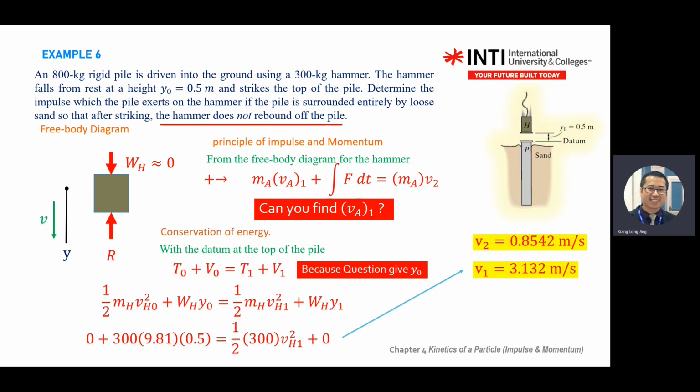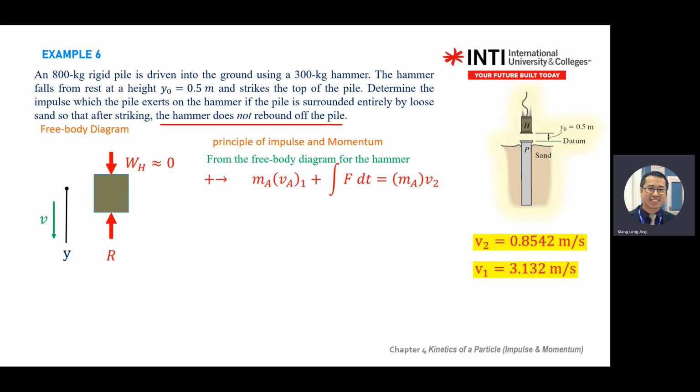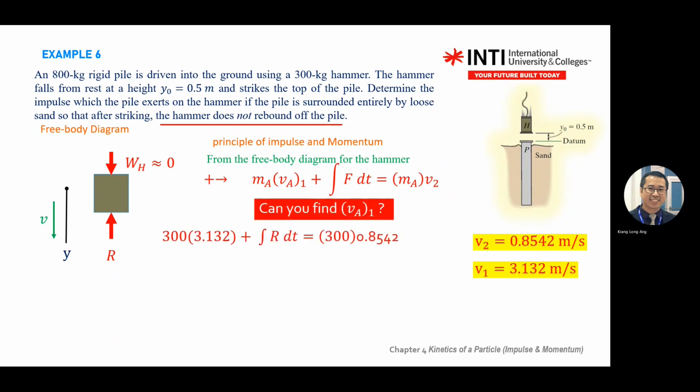It looks at that particular time of hit, before and after. Okay, that's why you find V1 and V2. Try to observe the solution. Try to observe when we see the big picture, when we see the narrow picture. Okay. Then you find the VA1.